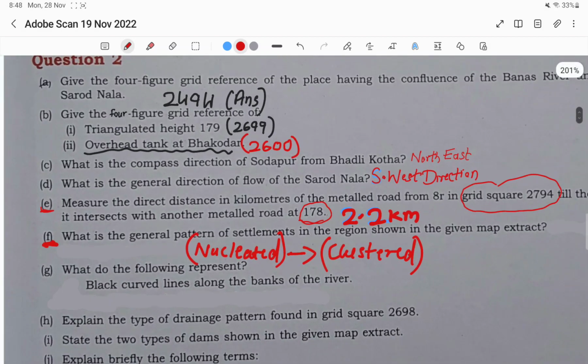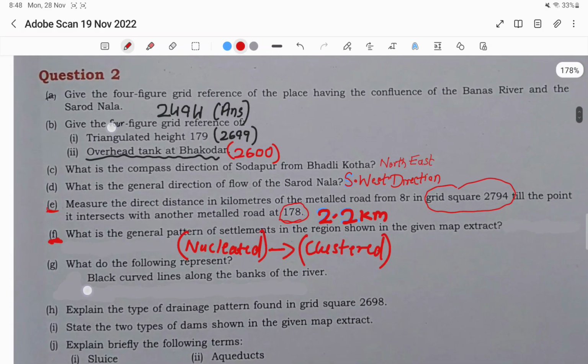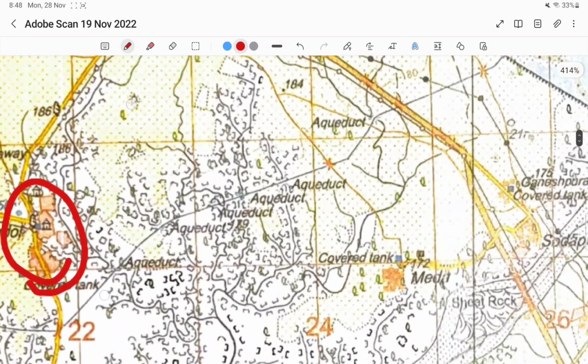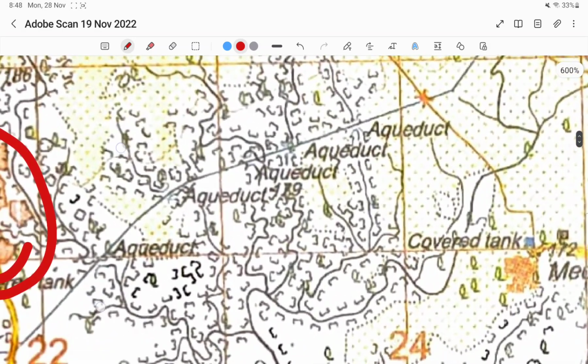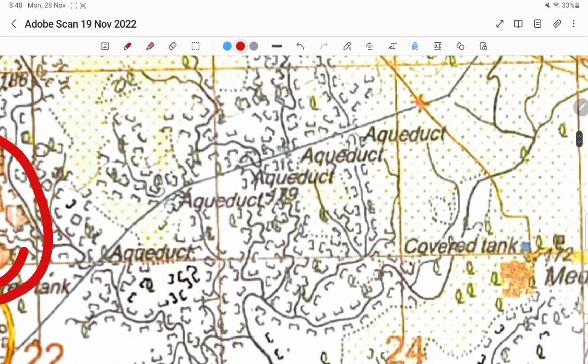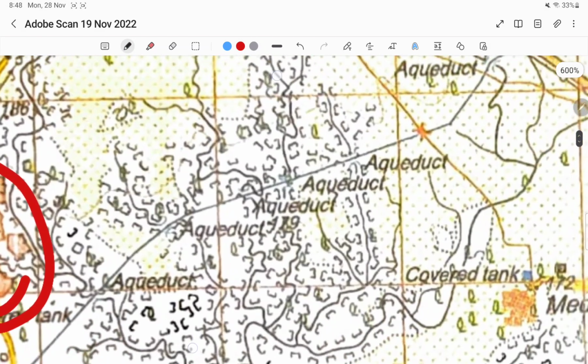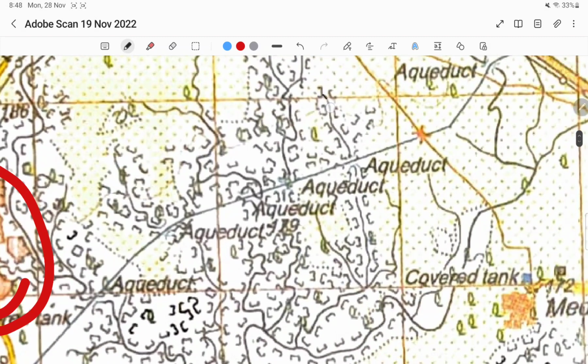Now coming to the next part: what do the following lines represent? Black curved lines along the banks of the river. First of all, let me show you what lines they are talking about. These are those black curved lines which you can see in the map. Let me just highlight this for you.